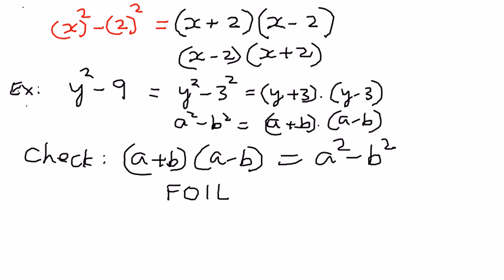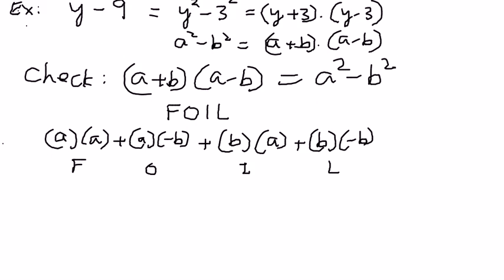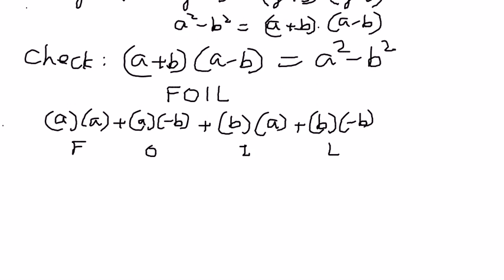So let us try that. A times a, we multiplied the first terms, plus a times negative b, we multiplied the outer terms, plus b times a, we multiplied the inner terms, plus b times negative b, we multiplied the last terms. When we expand this out, we'll see what we get. A times a is a to the power of 2.